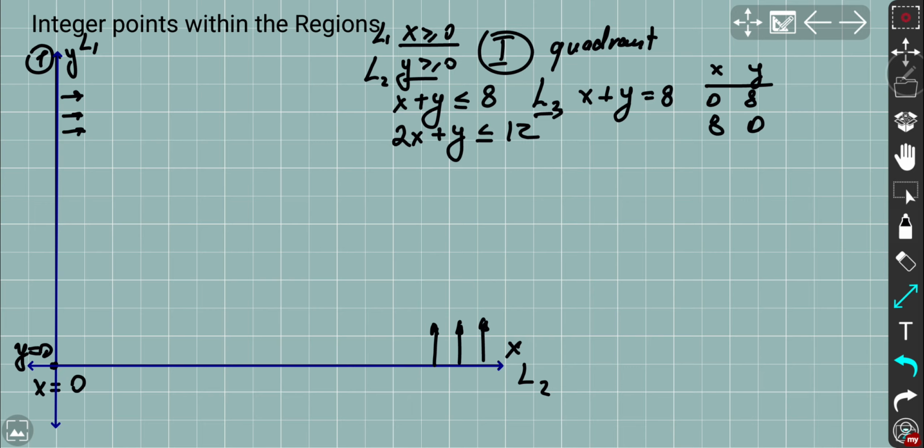So I put that line here, but before that I want to mark 8 marks on the x and y axis. So 1, 2, 3, 4, 5, 6, 7, 8. So here is 8, and the same for the y direction. 1, 2, 3, 4, 5, 6, 7, 8. All right.